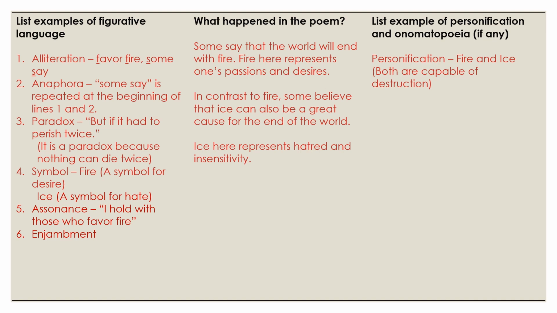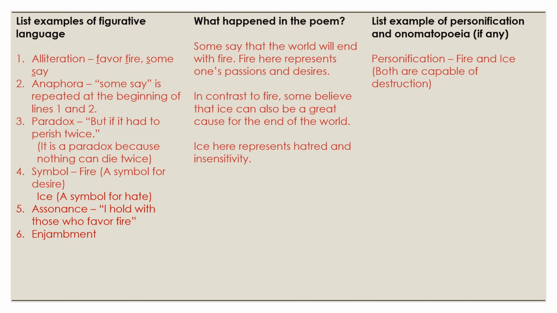Now, what happened in the poem? Obviously, within the 9 lines of the poem, when the poem starts, we get to know that some people believe that the world will end in fire, while some people stand in support of the fact that the world will end in ice.